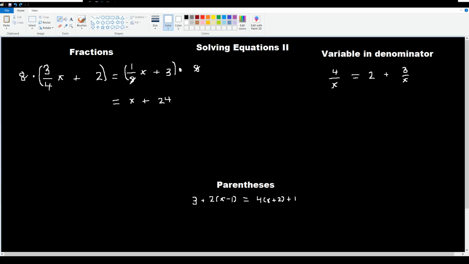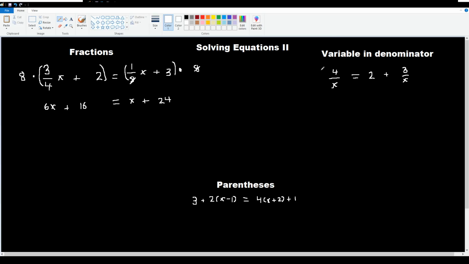It doesn't maintain this cross out thing, so you wouldn't multiply 2 by 2. So I'm going to erase that just to keep it more clean. So we're going to have 6x here, and when you multiply 8 by 2, because you're distributing, you get 16. And here we have the equation 6x plus 16 equals x plus 24.